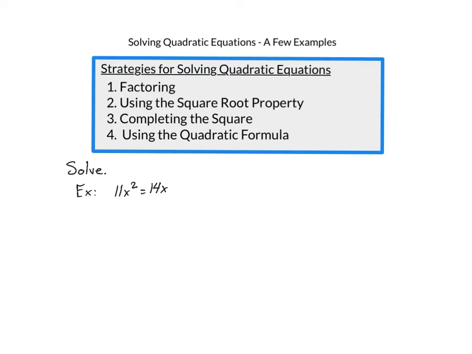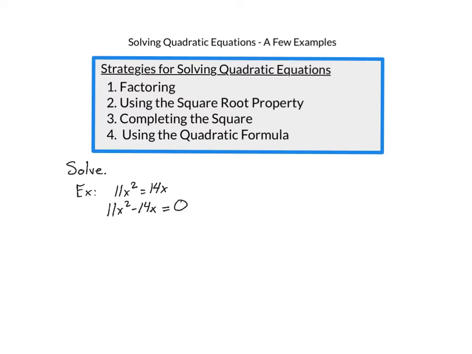In looking at this particular problem, if you're not sure what to do, set the problem equal to 0. That is my backup plan always when I'm solving a quadratic equation, and then make a decision on what to do. So let's set it equal to 0. 11x squared minus 14x equals 0.